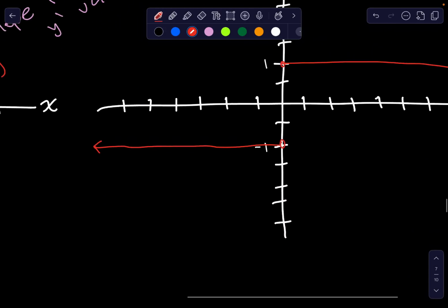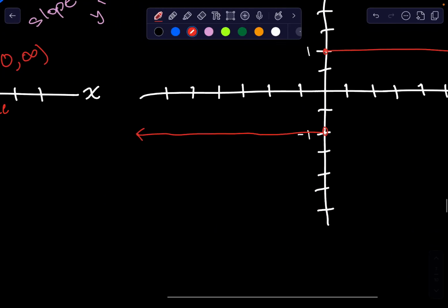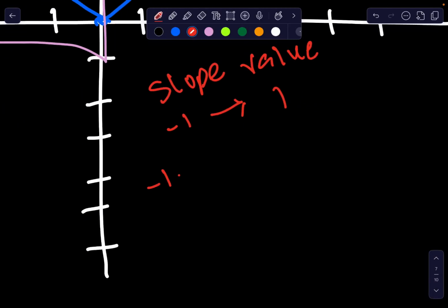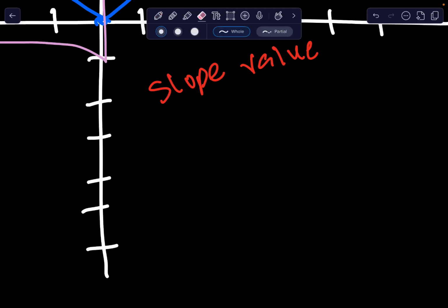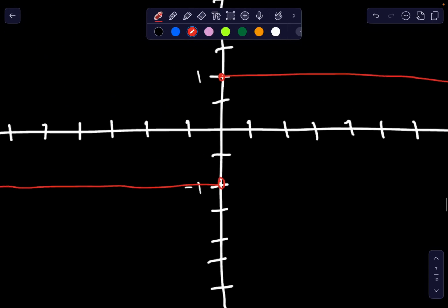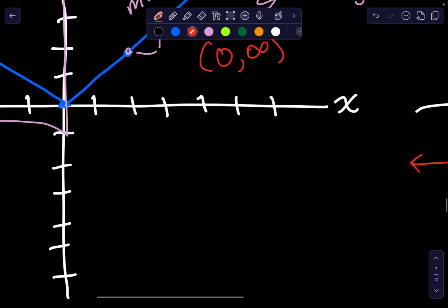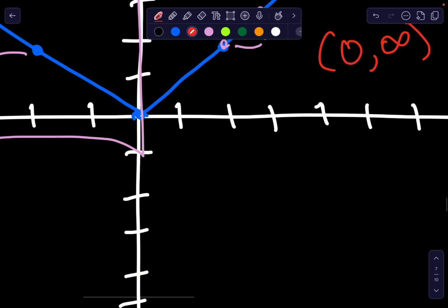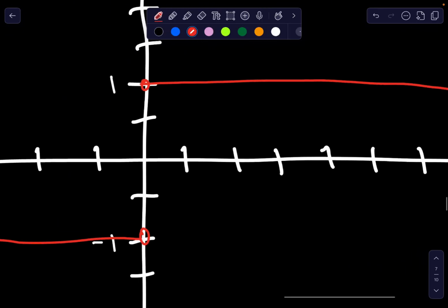For our derivative graph to be smooth and continuous, it would have to go from -1, and then to -0.999, and it would just keep gradually changing its slope value until it changed to 1. But since it's so sharp, it's not differentiable. We know that from our limit rules, and we see that on our derivative graph. It's not differentiable at the value x equals 0.